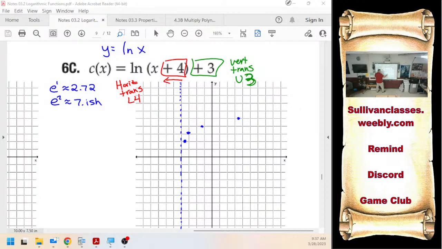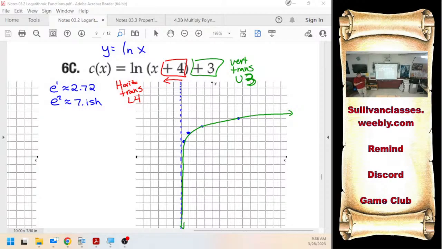Still have the itty-bitty fraction. Connect the dots. Okay? Always do your horizontal translation first so that you can get your asymptote on there.